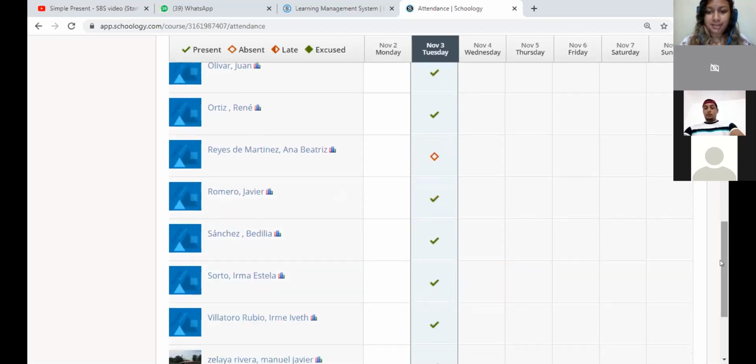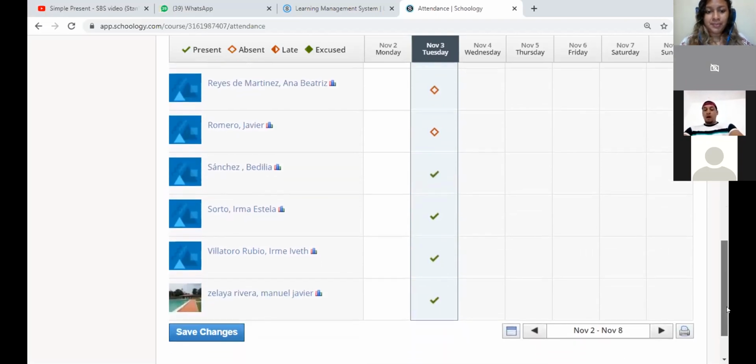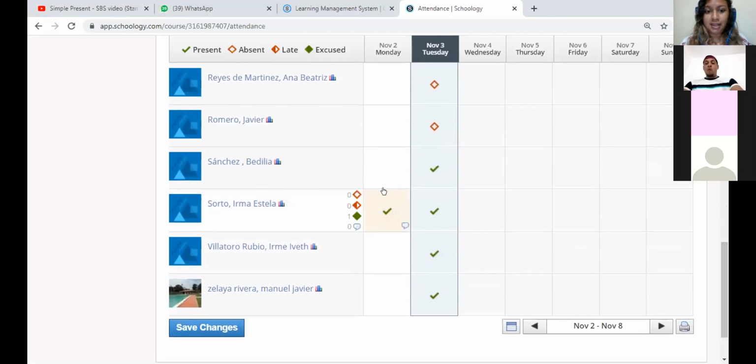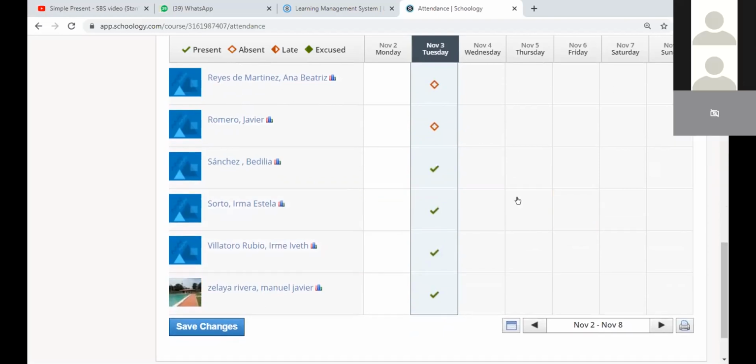Bedilia Sánchez. Present. Ahí está Javier. Irma Estela Sorto. Present. Irma Ivette Villatoro. Present. And Manuel Javier Zelaya.